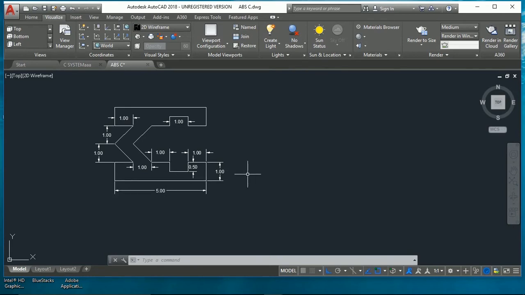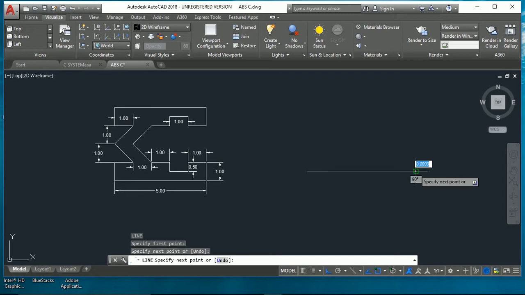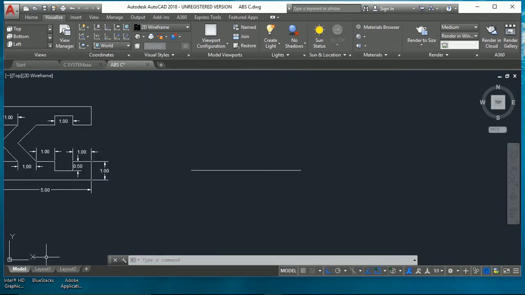To understand the sign convention, imagine a horizontal line like this and a vertical line passing through the previous point. So draw a vertical line passing through the next point, so that we get 4 quadrants.